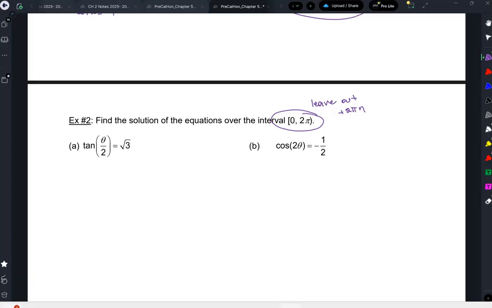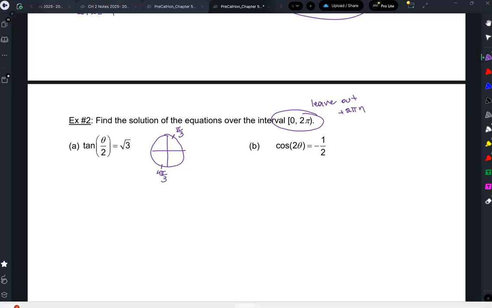So you ask yourself, where is tangent equal to root 3? Tangent is equal to root 3 here, pi over 3. And then where else? 4 pi over 3.